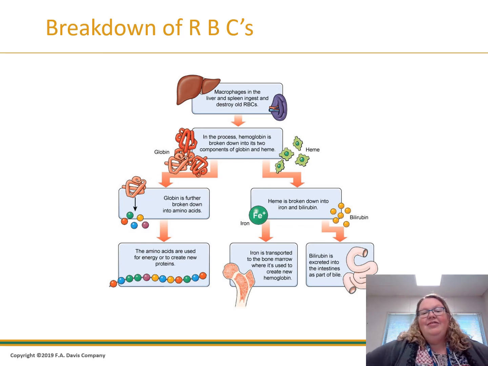I know it's a little bit more advanced than we need to go today, but whenever you wonder why somebody who has liver problems turns yellow, it's because they aren't making enough macrophages to help break down those red blood cells.